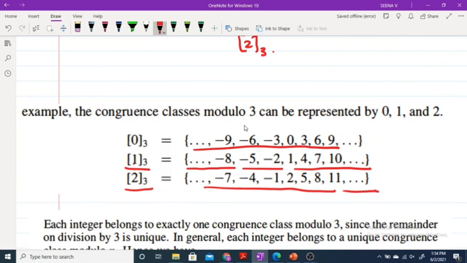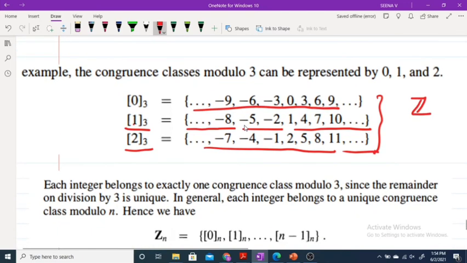Now, if you consider the union of these sets, this clearly is Z. And each integer belongs to exactly one congruent class modulo 3, because the remainder on division by 3 is unique. So if minus 5 is here, then minus 5 can't be here.